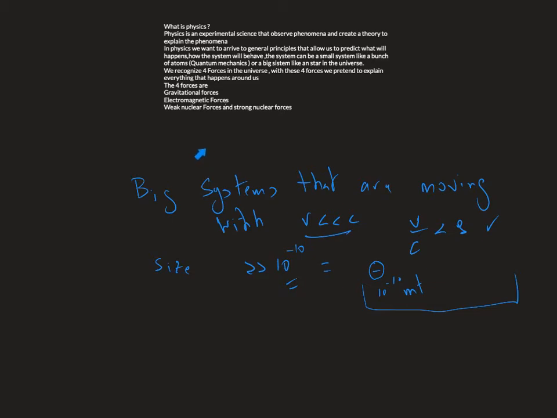We don't have any experience with these kinds of forces in our daily life. The strong nuclear forces take place in the sun at high temperatures. The strong and weak nuclear forces are related mainly to radioactivity and decay.